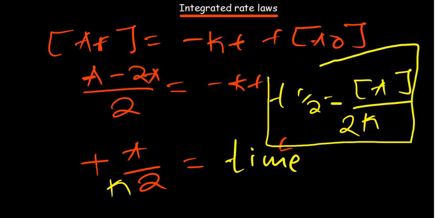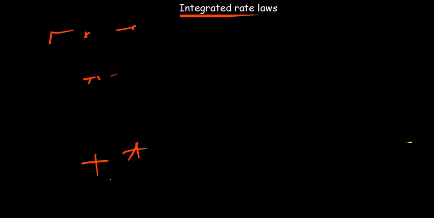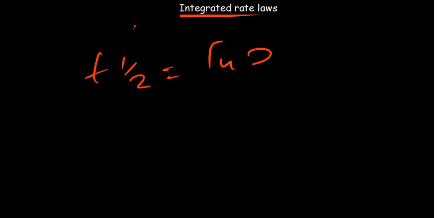So equally, if you're able to remember the equations for the other two, you can just use A and A over 2 to help you find the half-life equation. But it's very easy for you to remember. For the first order, it's just a simple one, which is natural log of 2 over k.